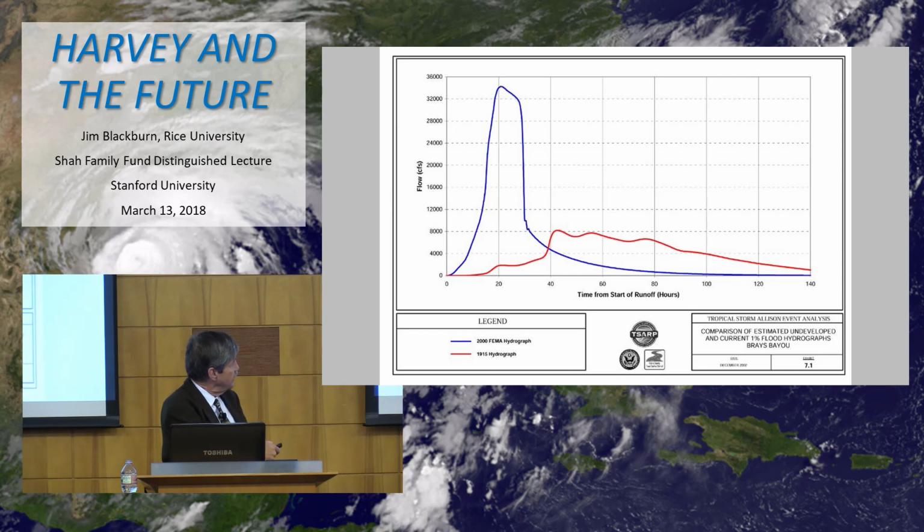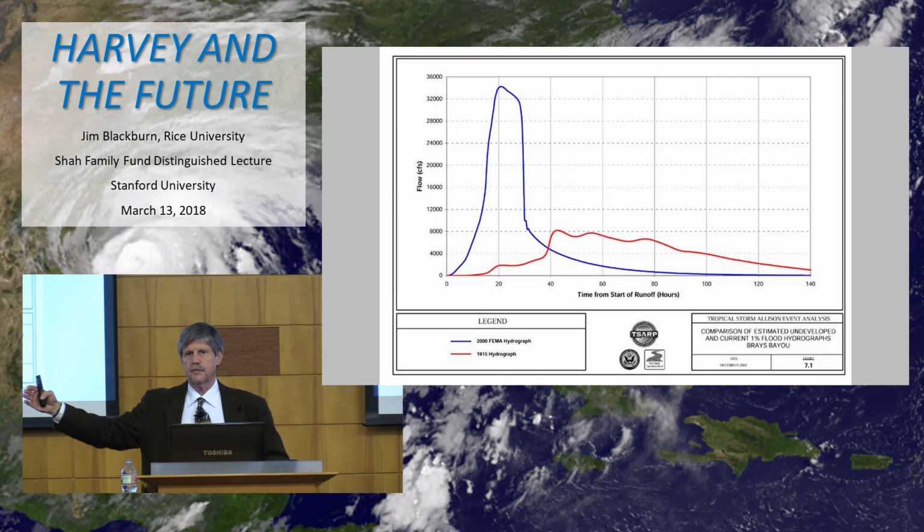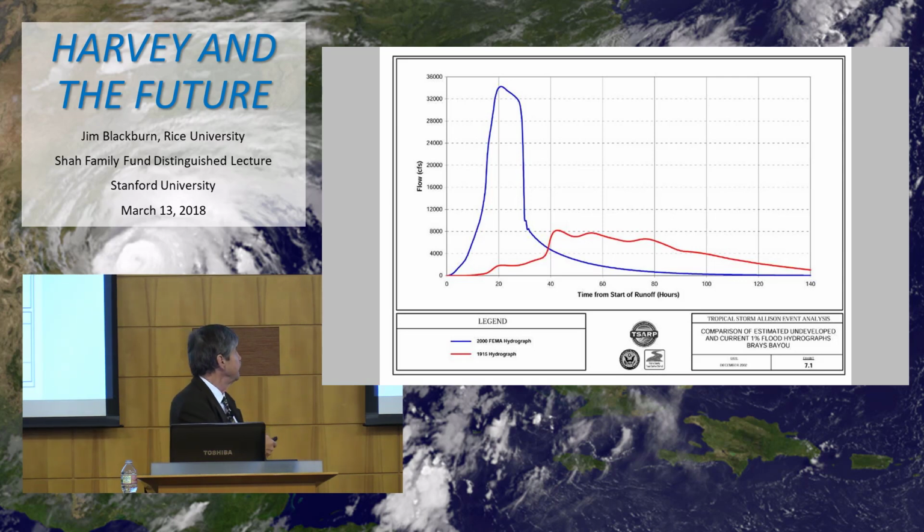This is what Brays Bayou looked like in an undeveloped condition for the 1% storm, probably going back into the 1930s. Basically a very slow, very flat flood. Peak flow, max about 8,000 cubic feet per second.